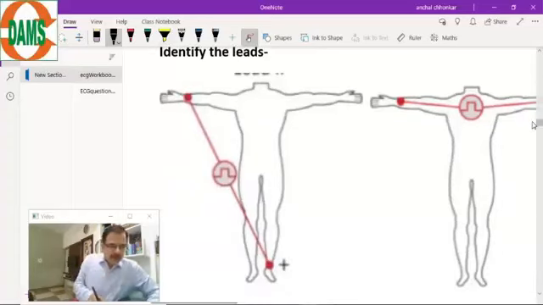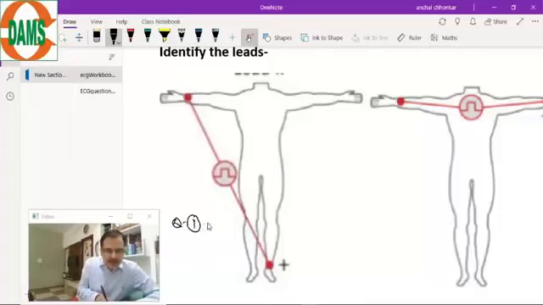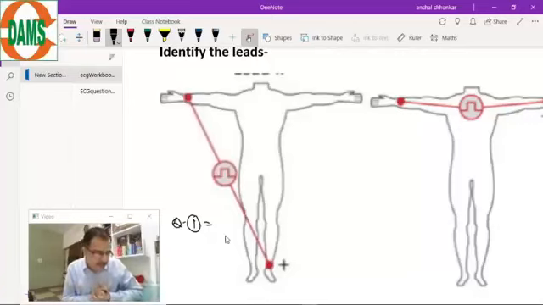Carefully, this will be the diagram based question which can come in your exams. So this is number one. Which lead is this lead?